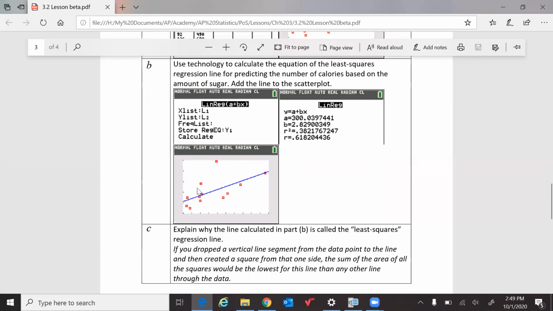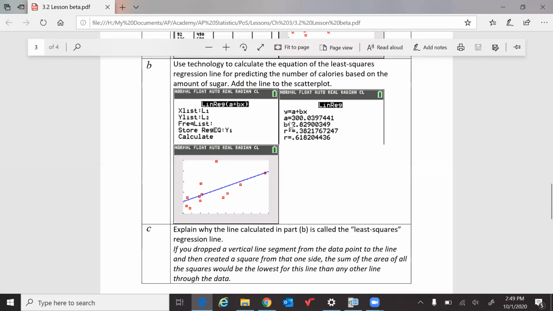If we were to add these residuals, we'd get a 0. The values above the line, the positive residuals, would add to the negative residuals to give you a 0. So we square it, but it geometrically means to draw a square. And the line of best fit would have the sum of the squared residuals minimized.